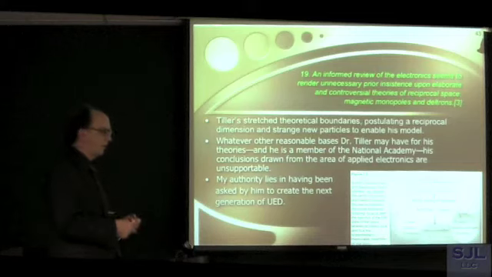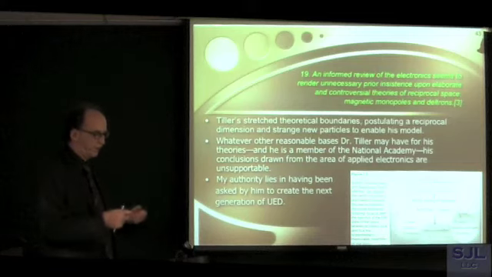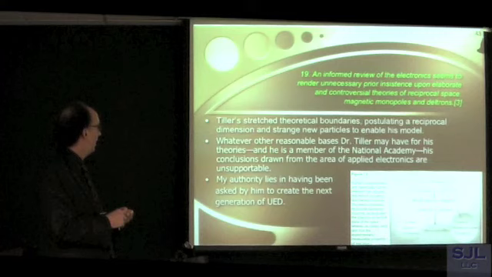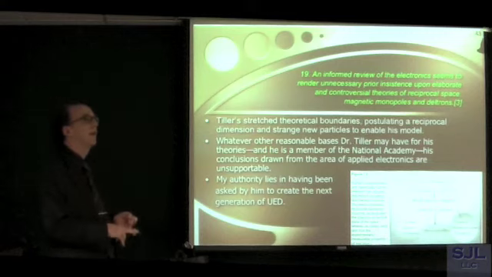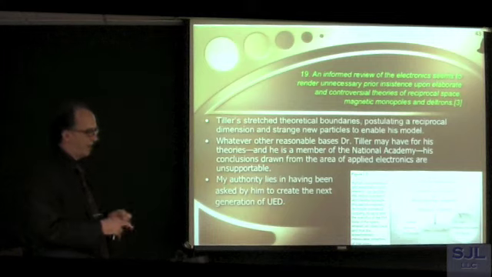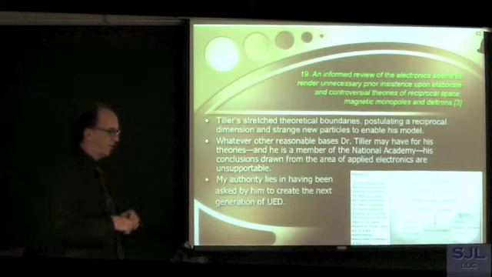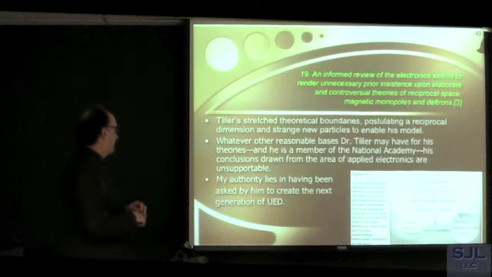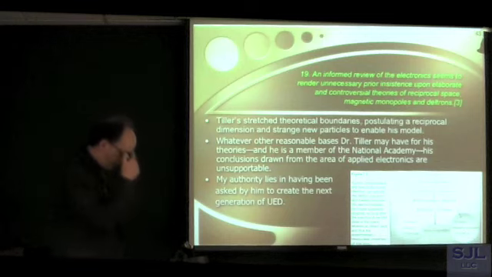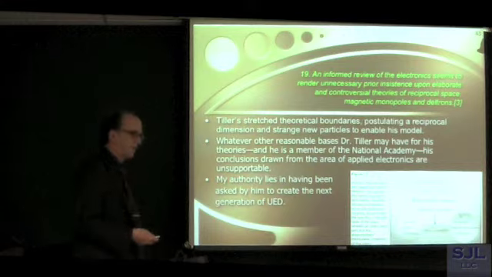The second is deltrons, which are particles that travel faster than the speed of light. And the third is magnetic monopoles, which are single charge magnetic particles, and that means you have a magnet that doesn't have polarity, north and south. None of those concepts are accepted by modern science, and so people just reject Dr. Tiller's stuff out of hand. I think there's a way to recover some of his work.